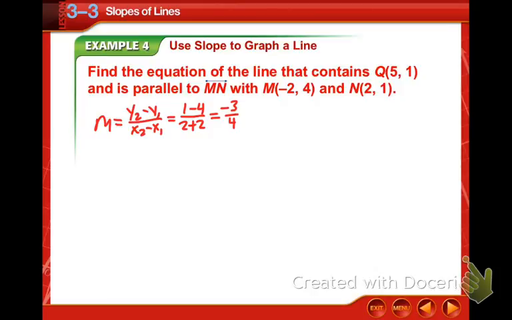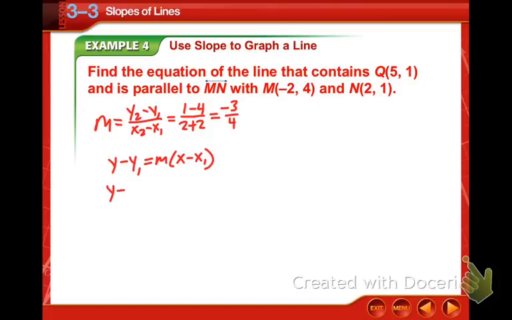That's our slope. And if you remember back from the last slide, point-slope form says y minus y1 is equal to m times x minus x1. And our x1, y1 is going to be what Q is, 5, 1.